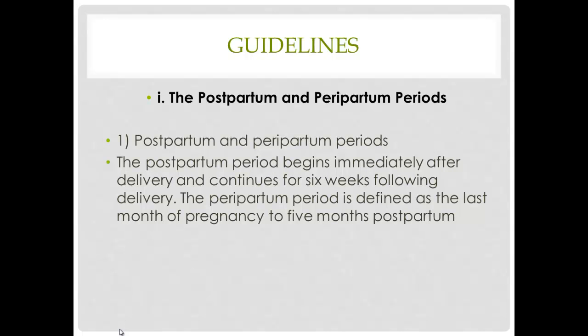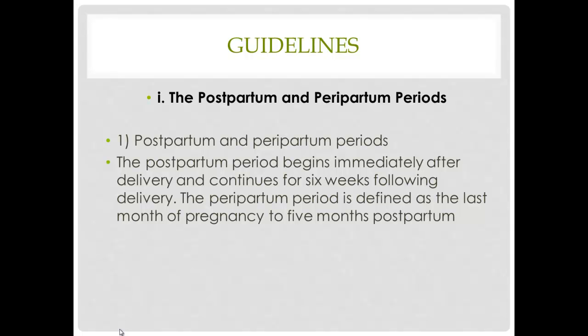So now we need to discuss the postpartum period. The postpartum period is after the delivery, and it begins immediately after delivery, and it continues for 6 weeks. The peripartum period is defined as the last month of pregnancy to 5 months postpartum.